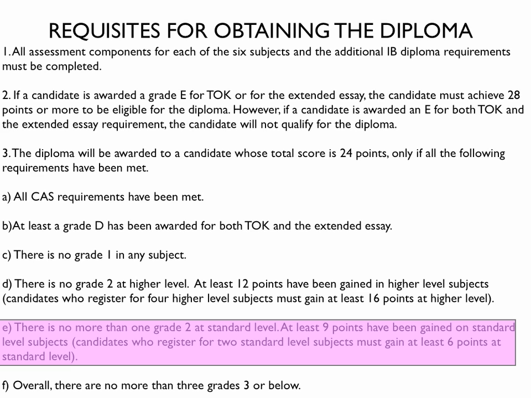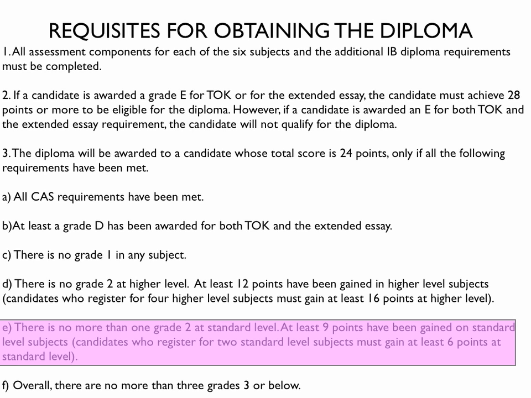That means on your 3 subjects that are standard level, if you have 3 in economics, 3 in arts, and 3 in, I don't know, whatever other subject that you chose at standard level, you can still get the diploma, but you need to have at least 9. If you have a 2 in one of those subjects, then you need to obviously have a 5 or more in the other subjects. Okay, so as long as you have 4 and above in all of your subjects, you will be fine.